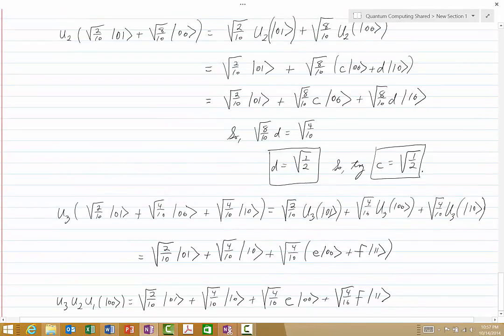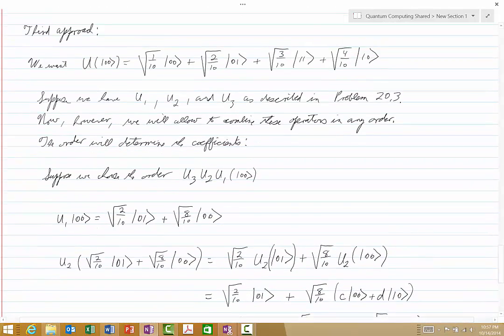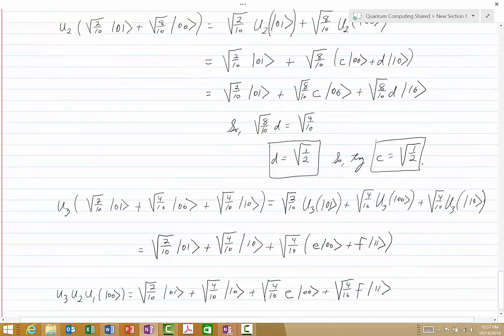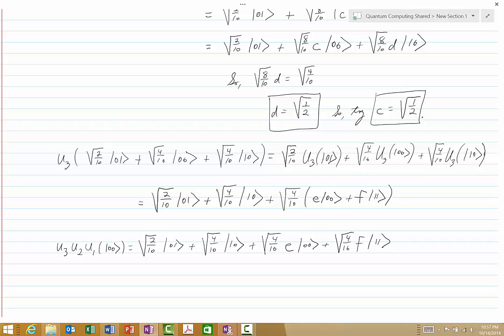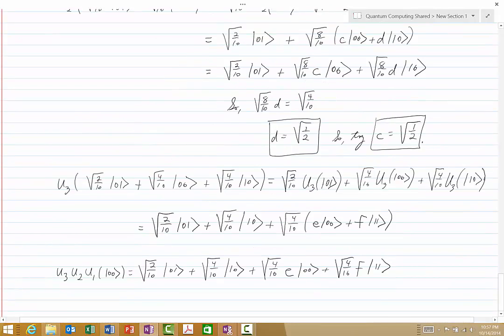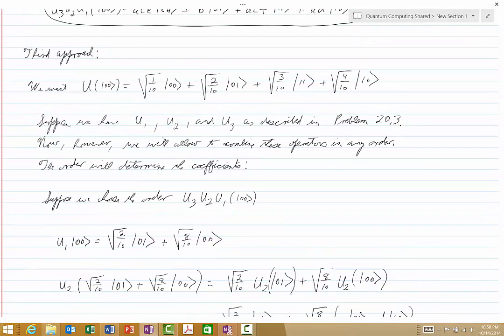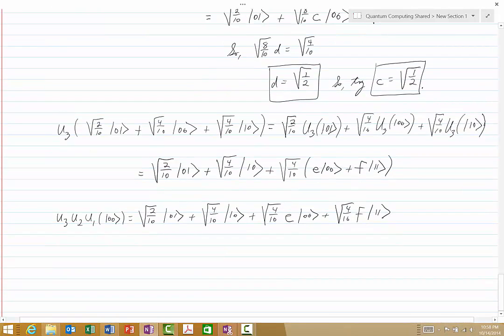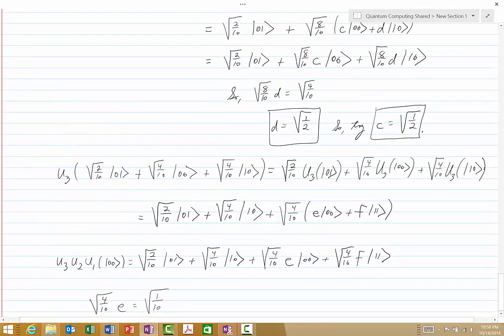And if we compare that to our goal, we see that the 0 0 coefficient right now is the square root of 4/10 E. The final coefficient for 0 0 is desired to be square root of 1/10. So we get the equation square root of 4/10 E equals square root of 1/10. And for the coefficient of 1 1, we look up here.